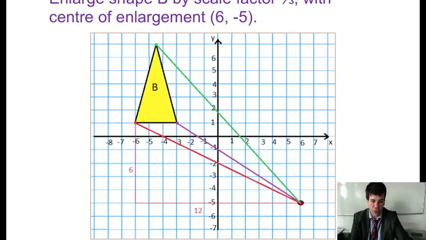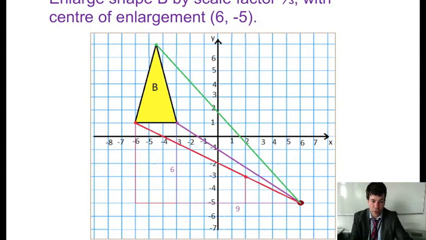Looking at the red vertex, we go 12 along to the left, 6 units up. 1/3 of 12 is 4, and 1/3 of 6 is 2. So the red vertex of image, triangle B prime, is simply 4 units to the left, 2 units up.